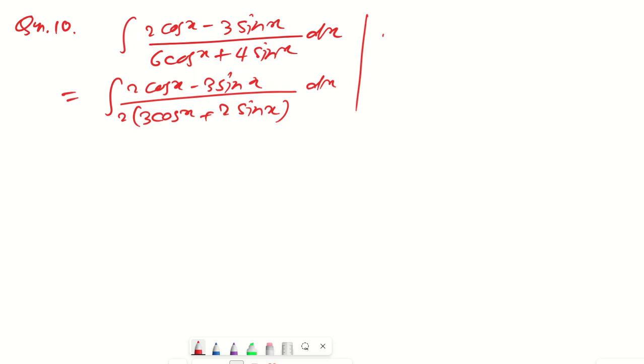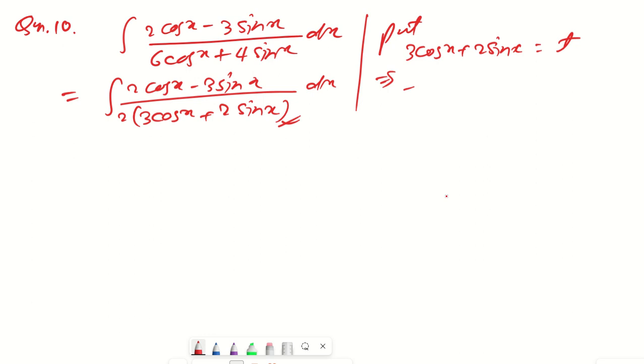Now let us put the denominator term, 3 cos x plus 2 sin x, equal to t. So what will happen?